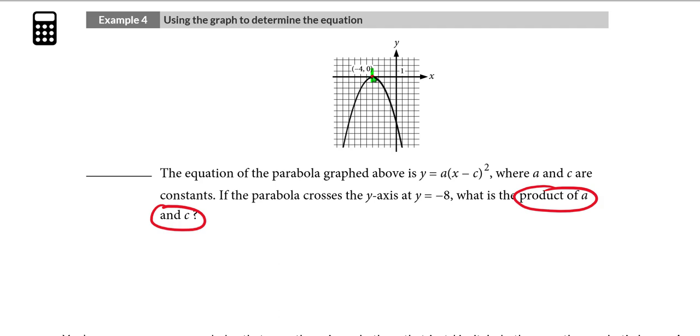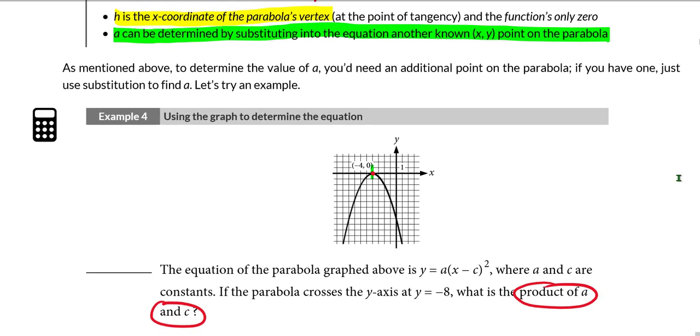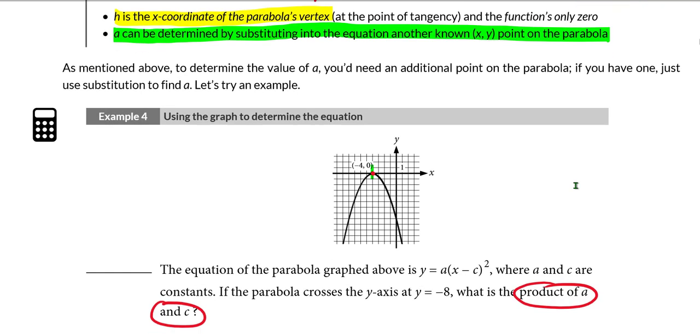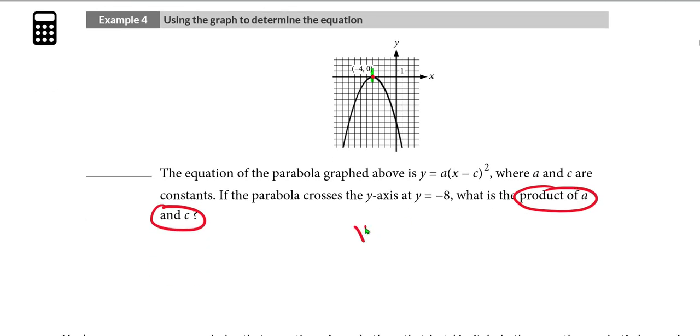So remember that we said that all parabolas that touch or are tangent to the x-axis can be written in this form: y equals a(x minus h) squared. So why don't we write that down? Remember what we said about the h. The h is the x value at which the parabola hits the x-axis.